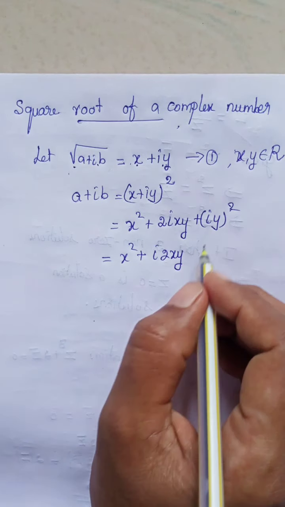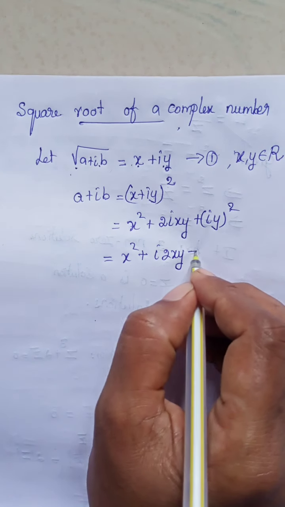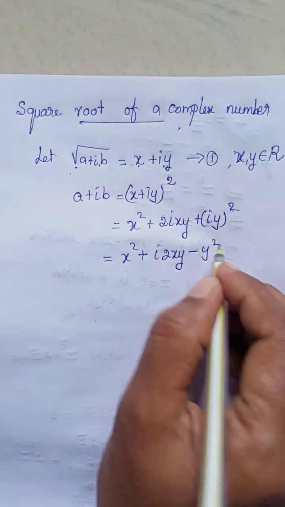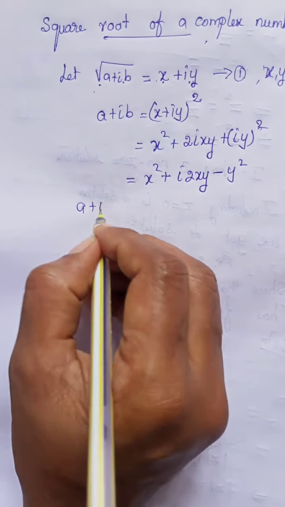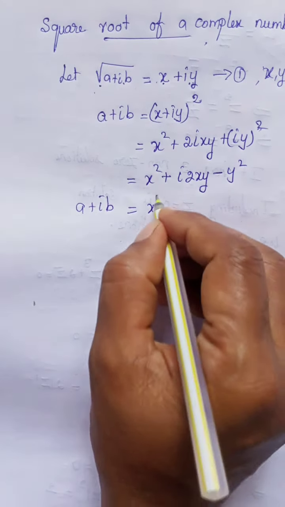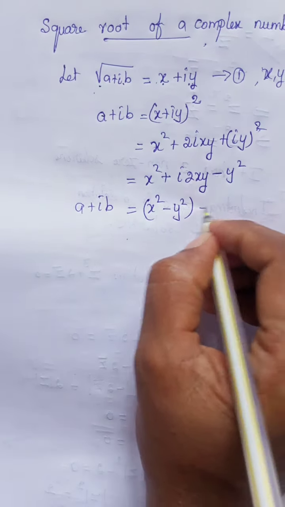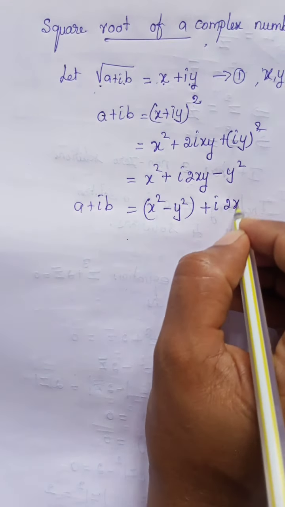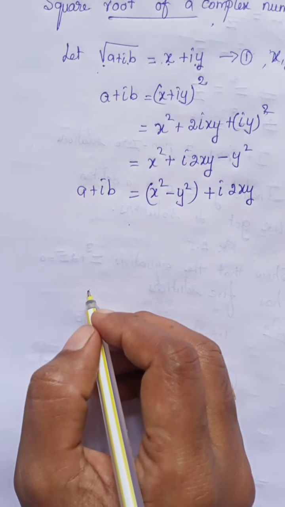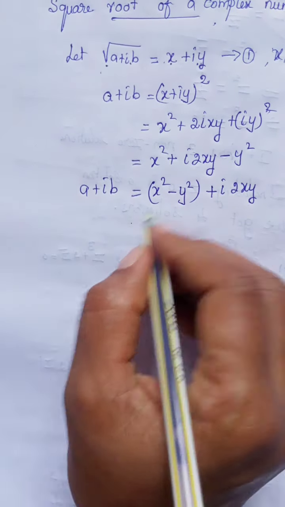I square is minus 1, isn't it? So we get minus y square. So a plus ib is equal to, collecting the real part, x square minus y square plus i into 2xy. Is that clear?